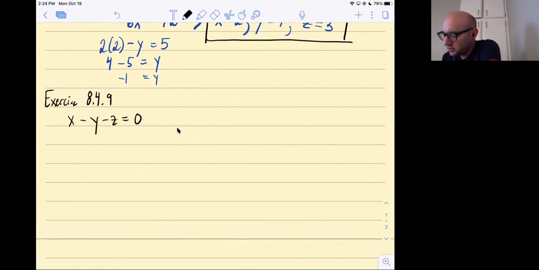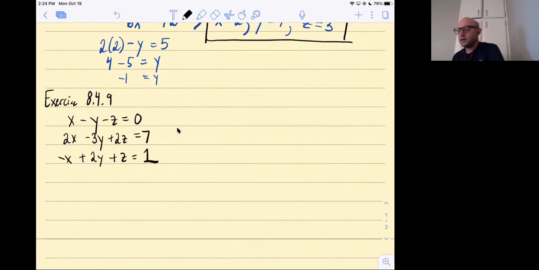And then 2x minus 3y plus 2z is equal to 7. And then negative x plus 2y plus z equals 1. Okay.